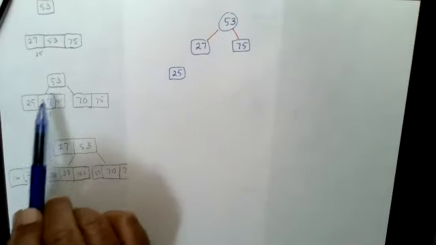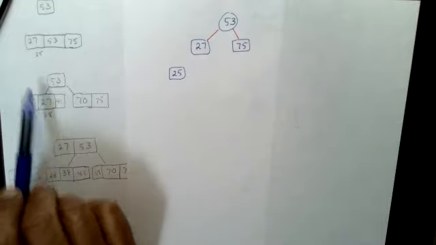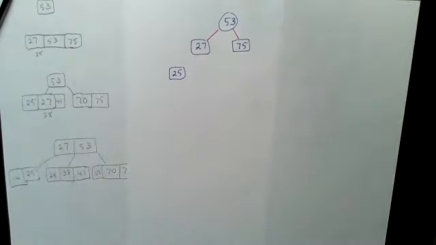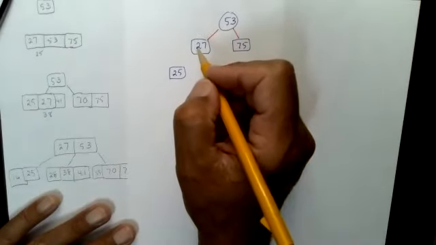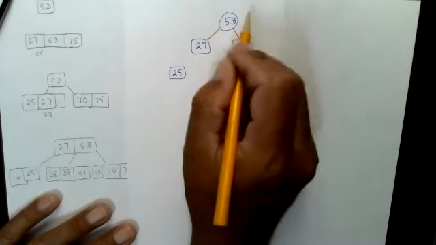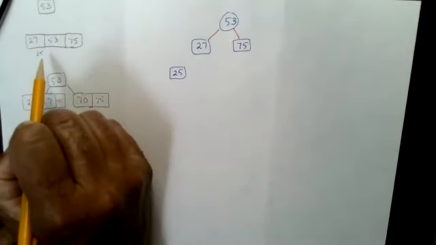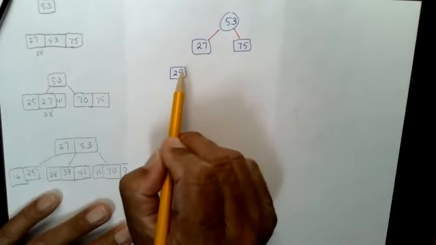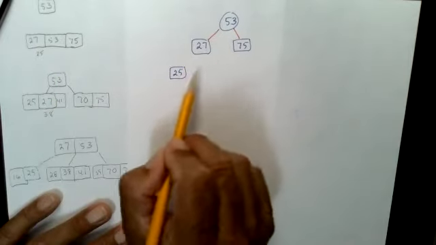It became a child, so it's blowing this up. When I add 25 as a red, it's going to blow this up.